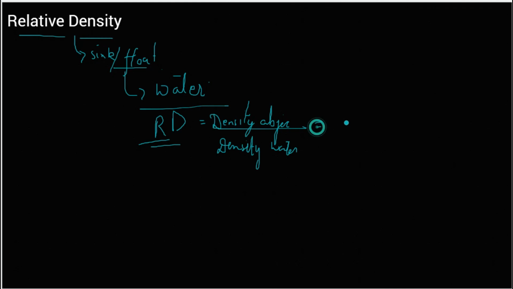Relative density doesn't have any unit, because density has the SI unit of kg meter inverse cube, and both densities cancel, so there is no unit.